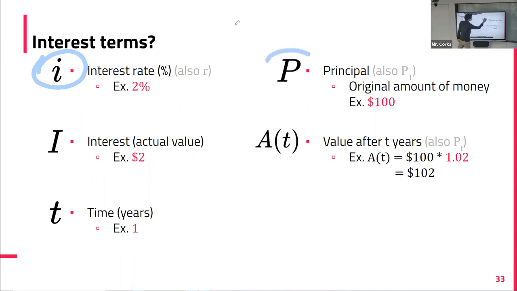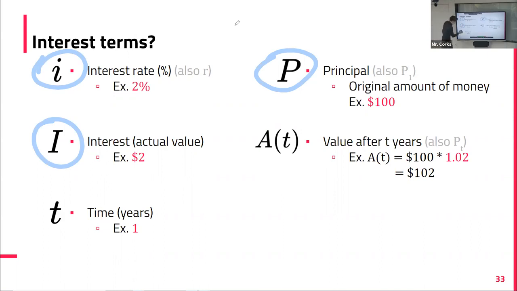The base, the original number, we call the principal of the loan. So we'll use this P symbol here. It's the original amount of money that went in. Capital I is the dollar value of the interest. So lowercase i is the percentage, the rate. Capital I is the actual dollar value based on that interest rate.